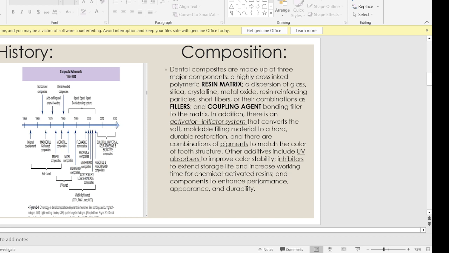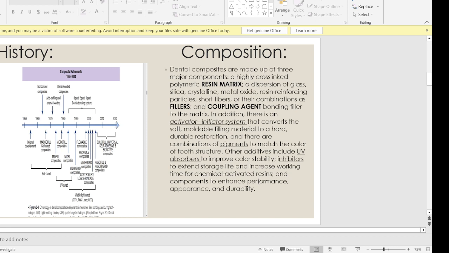To overcome these limitations, they came up with different types of composite material: macrofilled, midfilled, microfilled, mid hybrid, and others. Recently, they came with a controlled low shrinkage composite, because the biggest disadvantage of composite material is polymerization shrinkage.